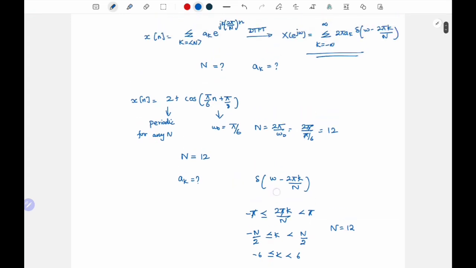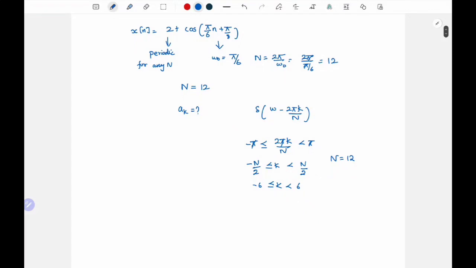So let us try to determine a_k. Finding a_k here is very easy. So I'll use a different color. You just have to write out the cos term in terms of complex exponentials. So 2 plus e power j pi by 6 n into e power j pi by 8 by 2 plus e power minus j pi by 6 n into e power minus j pi by 8 by 2.